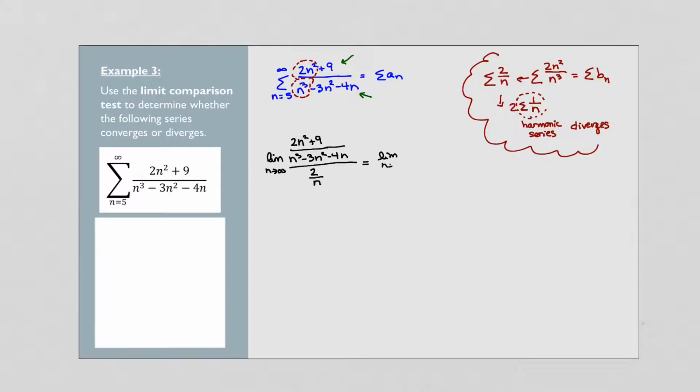Simplifying this limit gives us 2n squared plus 9 over n to the third minus 3n squared minus 4n, times the reciprocal, which is n over 2. Using algebra and the distributive property, that gives us the limit as n goes to infinity of 2n to the third plus 9n over 2n to the third minus 6n squared minus 8n.